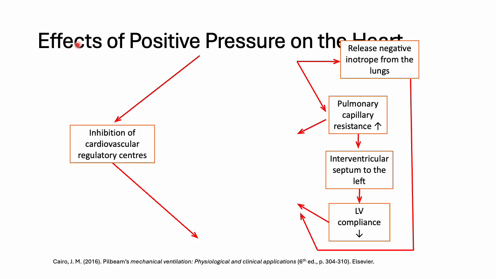Some of the positive effects on the heart, we've already talked about pressure in the lungs, the PEEP, positive pressure, will decrease your right ventricular end-diastolic pressure because of the decrease in venous return. And therefore, your right ventricular output decreases. Your right ventricular output decreases means your left ventricular return is also decreased.